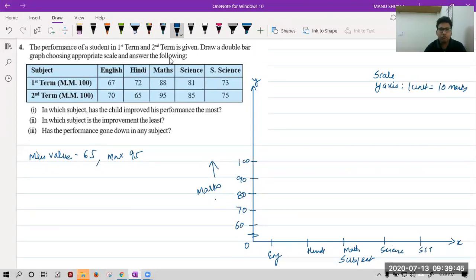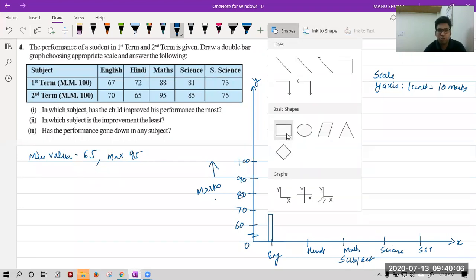Now let's start with the double bar graph. The value of first term English is 67. So we will take a bar for 67. It will be somewhere more than this and less than 70. If you use a graph paper, it will be easy for you. So this is the first. Second is 70. In first term she got 67.